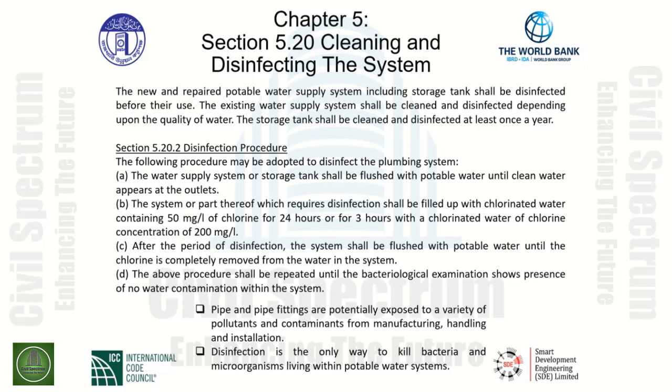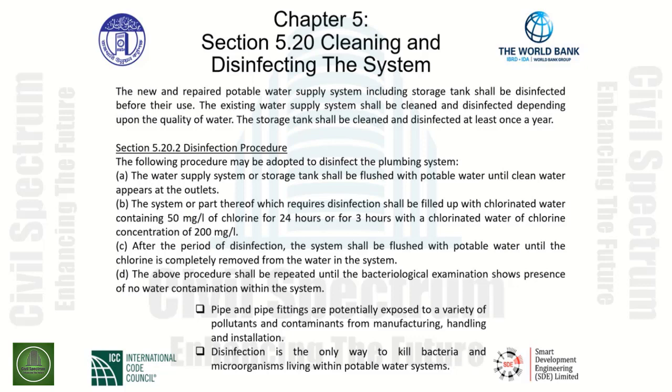Item C. After the period of disinfection, the system shall be flushed with potable water until the chlorine is completely removed from the water in the system. The above procedure shall be repeated until the bacteriological examination shows presence of no water contamination within the system.